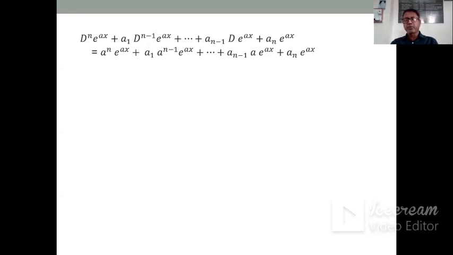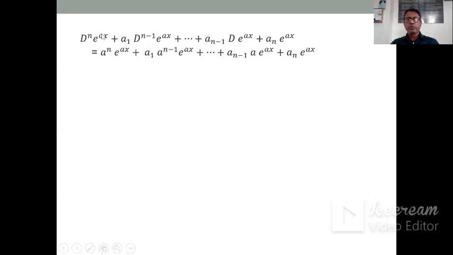Write in the bracket f of D as D to the power n plus a1 D to the power n minus 1 plus a2 D to the power n minus 2 plus and so on, plus a_(n-1) D plus a_n, bracket complete, operating on e to the power ax. And then if we simplify the bracket, we obtain this term.